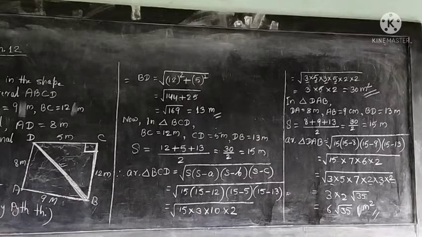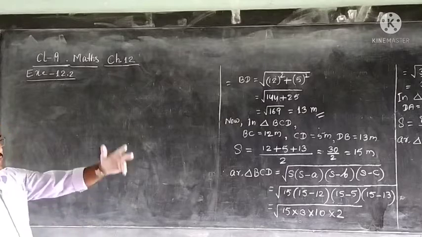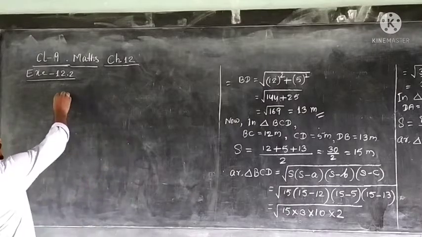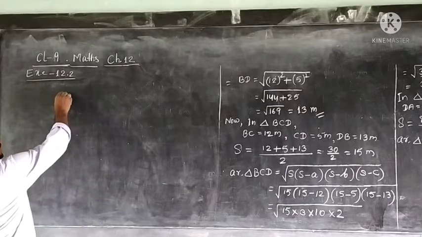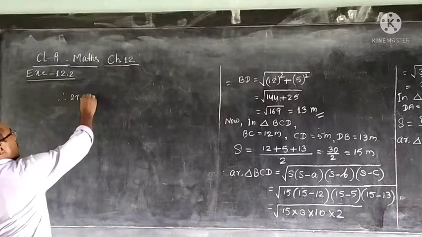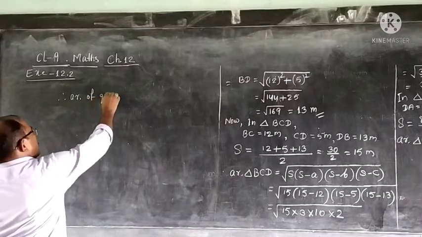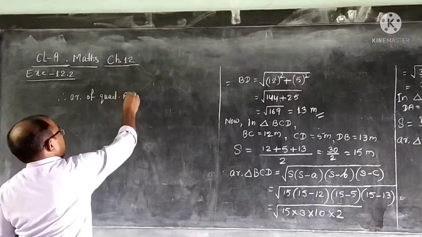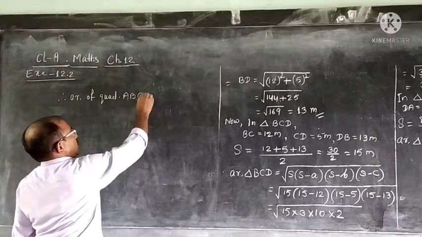Now, what shall we do? We will add both the triangle areas and we will get the area of the park. So, let us add these two and find the area of the quadrilateral park ABCD.